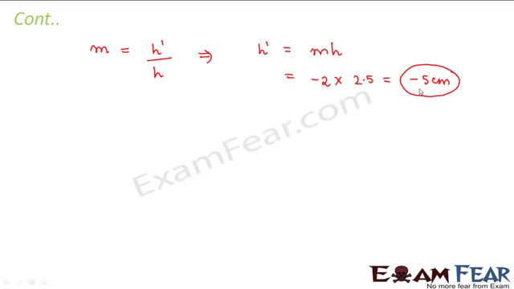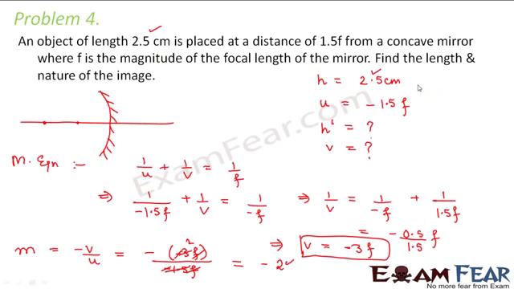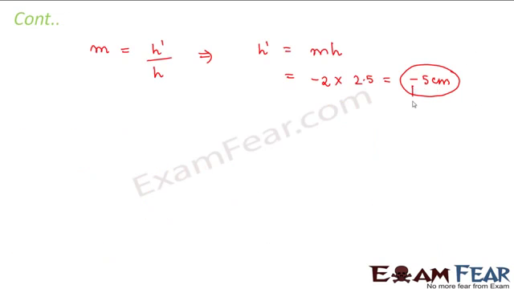So we have calculated the size of the image. And what would be the nature of the image? It would be inverted, and if it is inverted, that means it is real. And the size is enlarged. So the nature of the image is real, inverted and enlarged, and the size of the image is 5 centimeters.